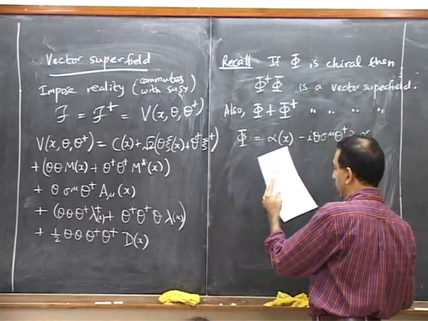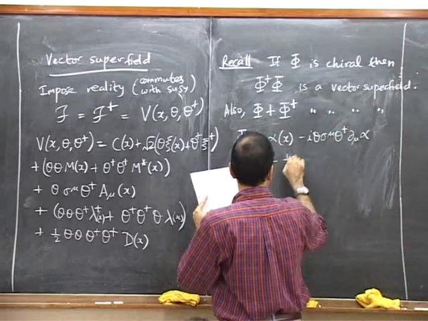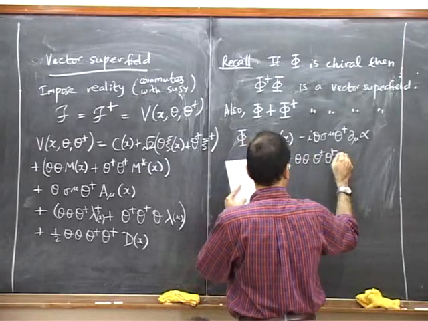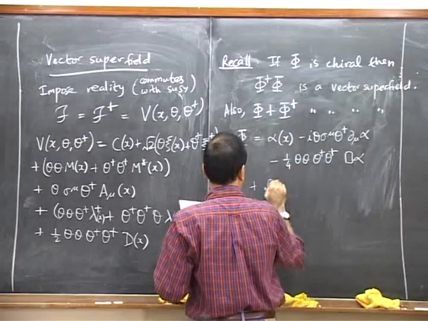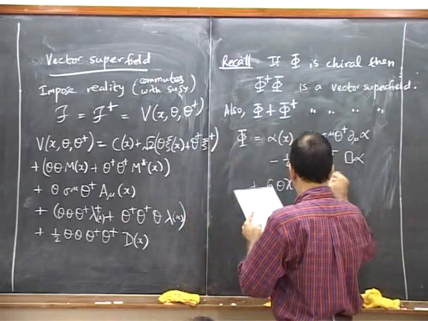I'm just going to call the first component alpha. Then these are the components which arise from expanding y about x. And then there are these fermionic components.